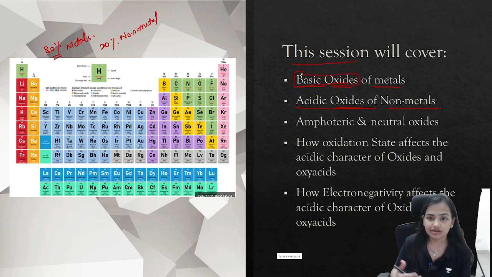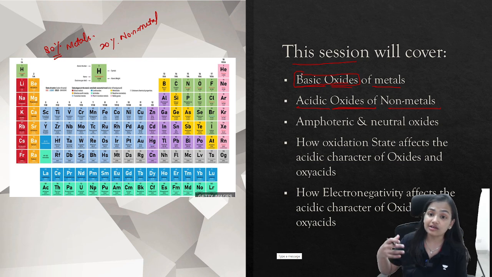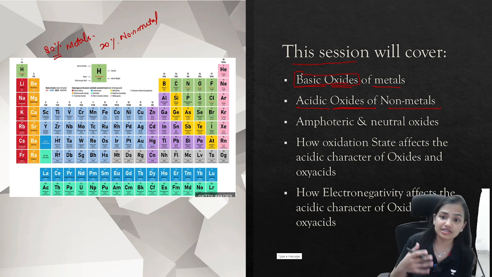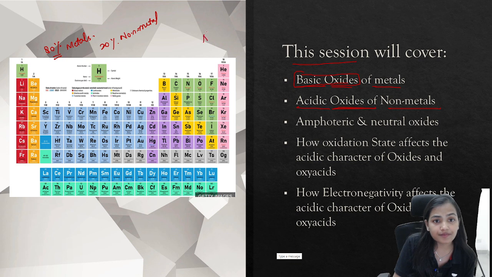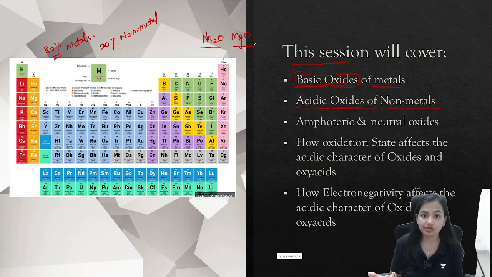But it is not enough to know that metals are basic in nature. We need to learn about their basic strength as well, whether the basic character increases or decreases, who will be more basic and who will be less basic. If I have two oxides, Na2O and magnesium oxide, and I ask you which is more basic, you must be able to tell the answer.